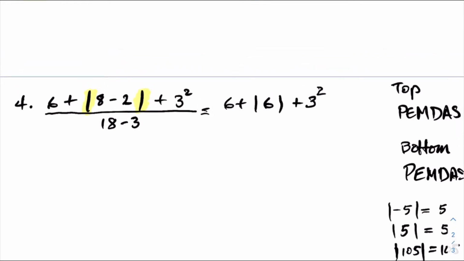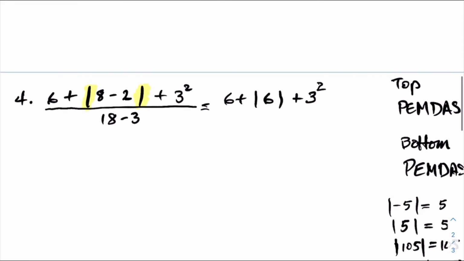So, go back to our problem here. At the top, we did the parentheses, which is the absolute value. Next is the exponent, and we have an exponent here.